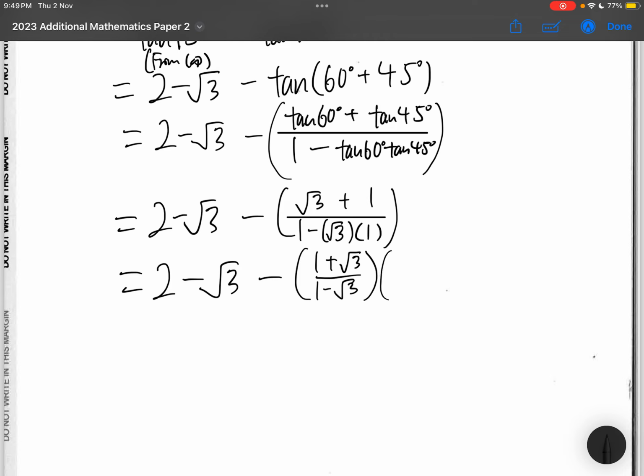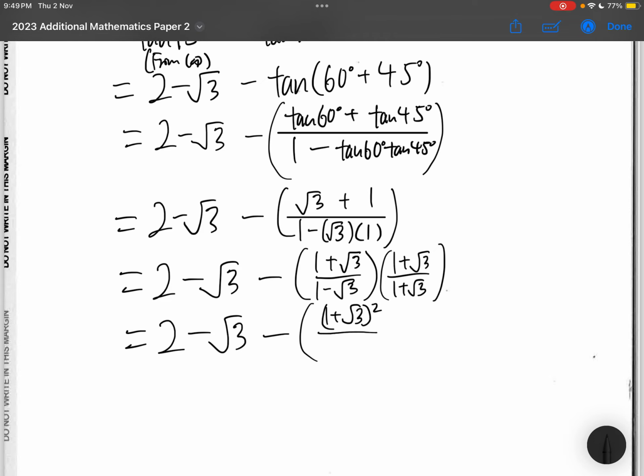Then what I can do is rationalize it by putting a conjugate set next to it. And then in the numerator, I'll have 1 plus square root 3 squared. And then I have the conjugate sets, so it's 1 squared minus square root 3 bracket squared. So I have 1 minus 3.